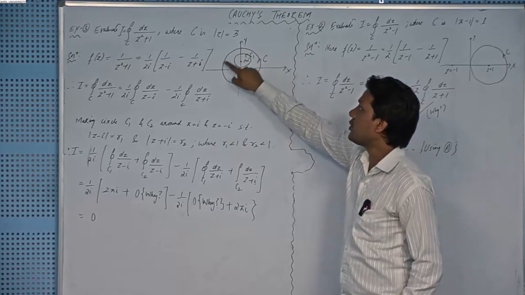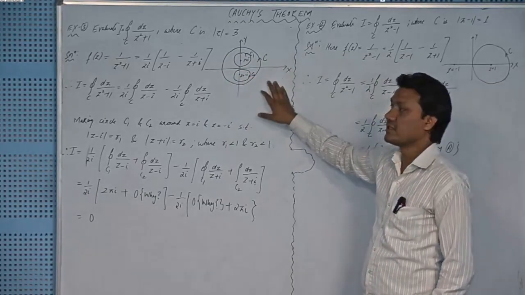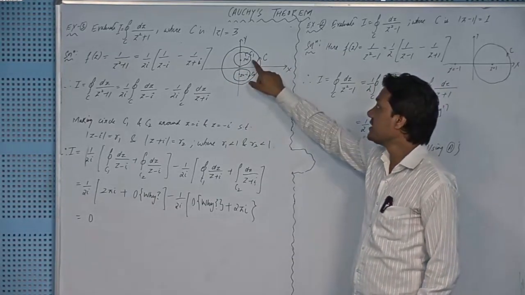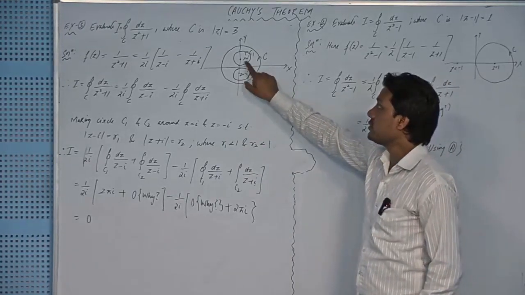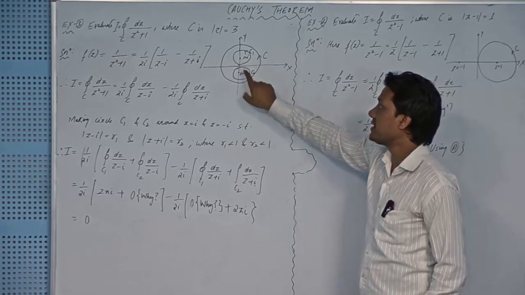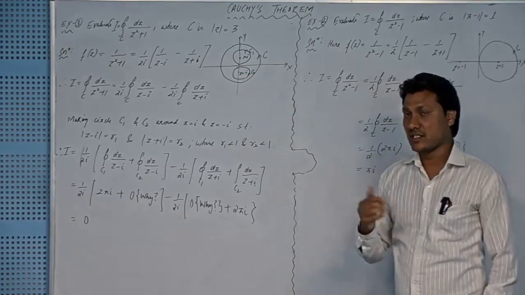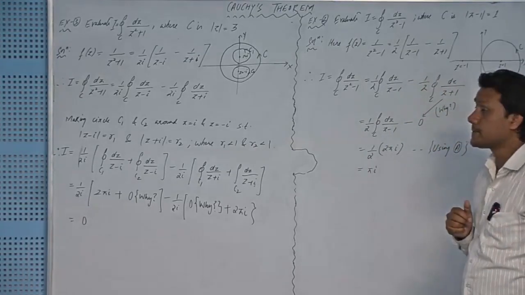Means whether the outer C is a square or a triangle, hexagon, pentagon, any figure, it can always be replaced by simple circles, right? And those circles must enclose one singularity. Means the C1 circle must include the first singularity, C2 only one singularity, and that is the necessary condition to use this result number A, right?